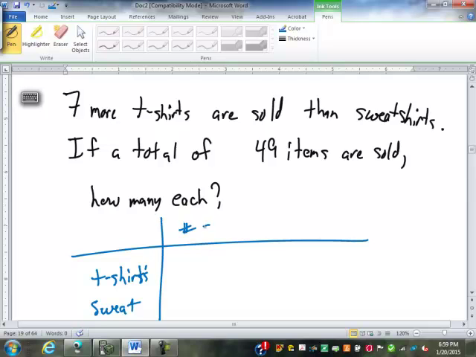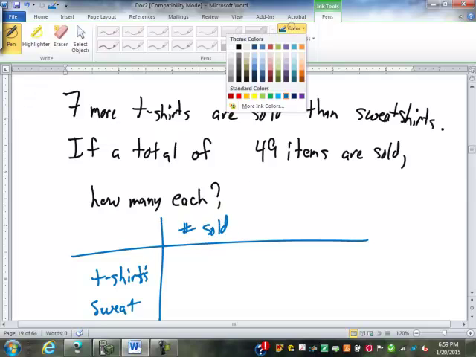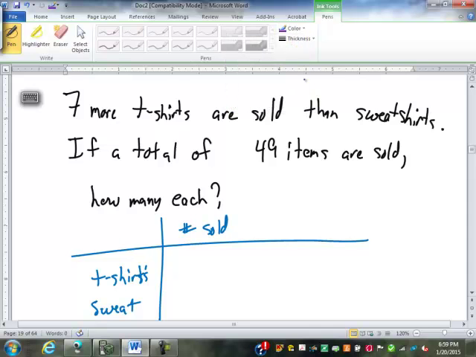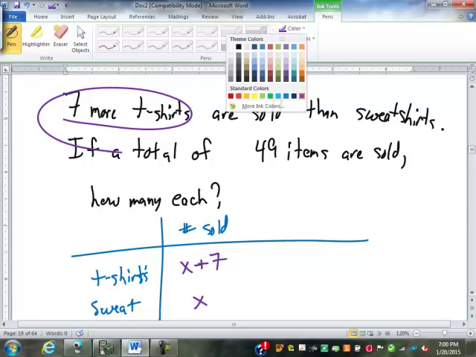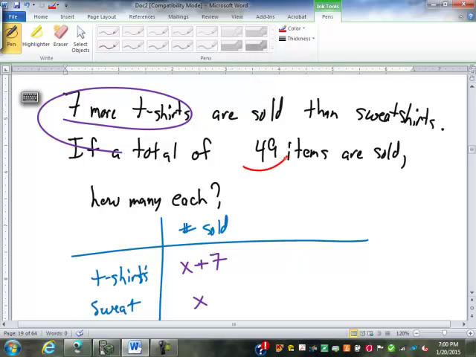We're trying to define the number sold. But this time they're not defined as one being a certain number times the other. In this case, it's 7 more t-shirts. So it's still, sweatshirts are X, t-shirts are X plus 7, 7 more. So now we know that the total is 49, so X plus 7 plus X equals 49.